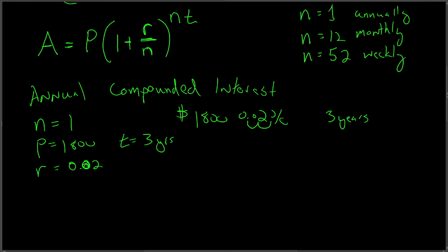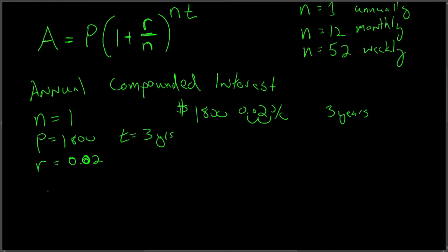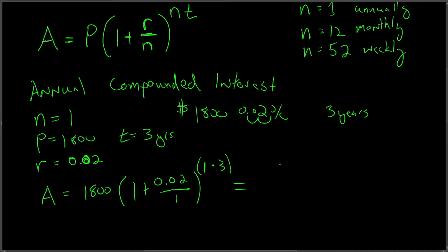Try to keep this centered up here. So the amount will be 1,800 times 1 plus 0.02 divided by 1, to the power of 1 times 3. And here the calculator is really going to help. If you use the parentheses on your calculator and parenthesis your exponent, this will spit out the answer nicely.